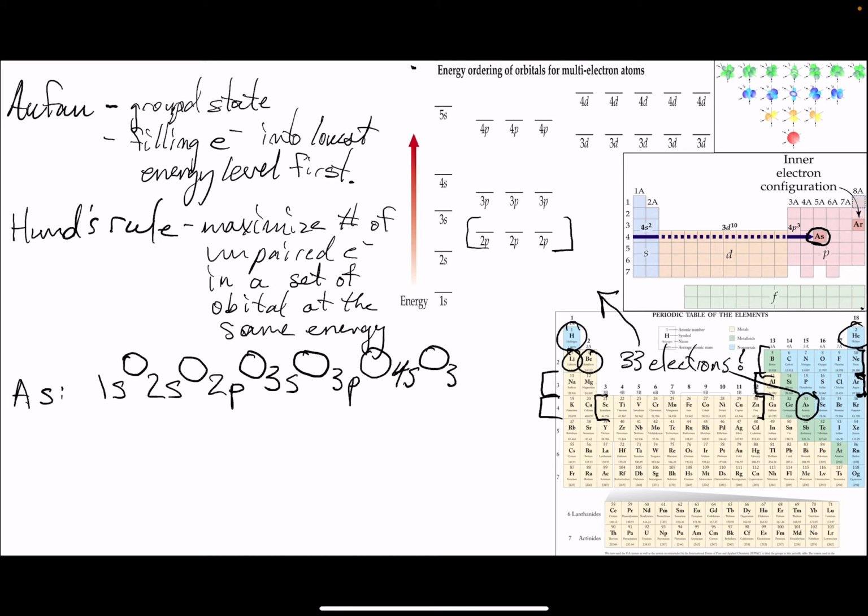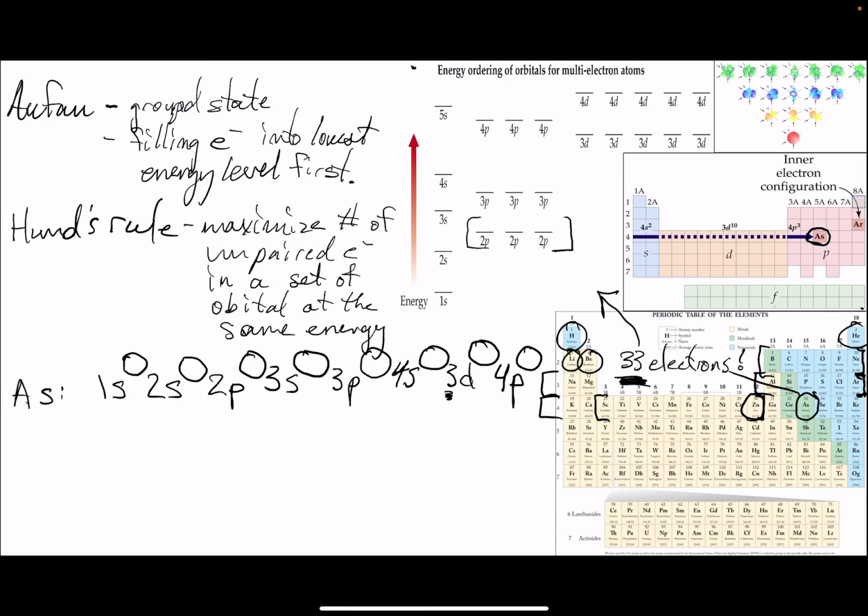I have to use a 3 at this point. 3d, a number as large as 10 there, would take me all the way to the zinc atom. And now I'm into the final P's needed to get me ultimately to arsenic. So we go back to 4, and I've got a 4p, and I can put an option there to take me to that arsenic. So we said 33 electrons, and so we can start to use our options.